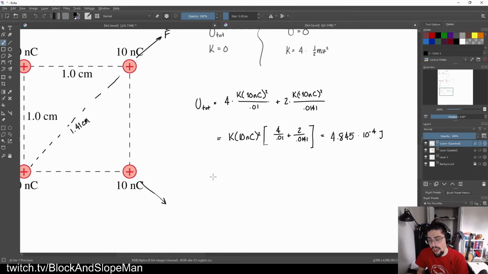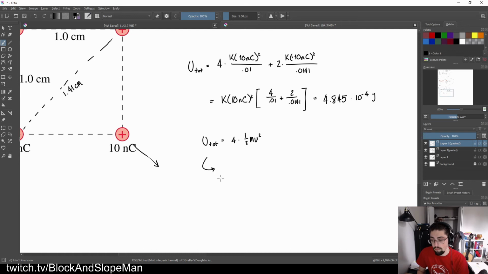I need to set that equal to my ending kinetic energy. So U total is going to be equal to 4 times 1/2 mv squared. U total is a number for me at this point. I'm not going to worry about anything else on that one. V is equal to the square root of 2U over M. Mass, remember, is 1 gram.